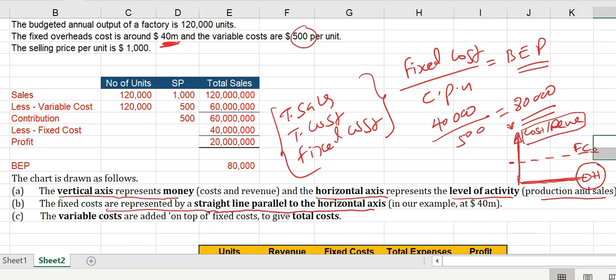Even if you produce 0 units or 120,000 units, your fixed cost will be 40 million. So this is known as fixed cost.